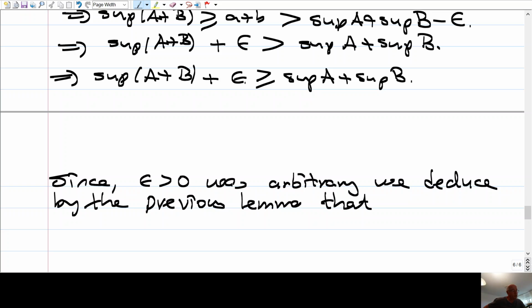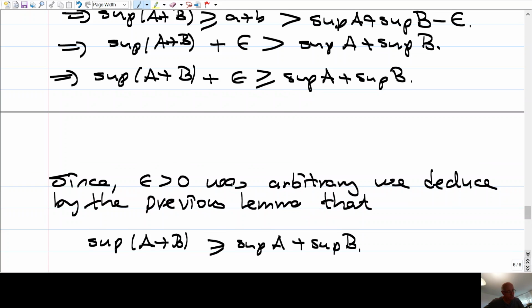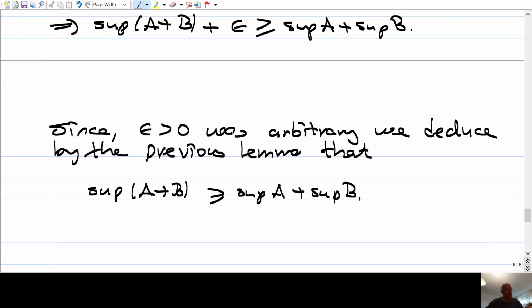For any positive real number epsilon, this real number plus epsilon is larger than or equal to this one. Well, the previous lemma tells us that in this case, this number is larger than or equal to this number to start with. Okay. By the previous lemma, we see that supremum of A plus B is larger than or equal to supremum A plus supremum B. So I obtained this inequality.